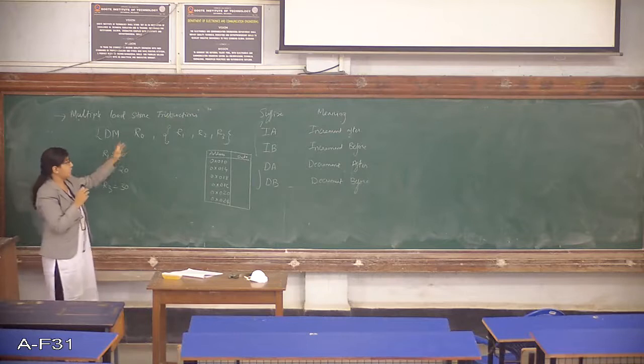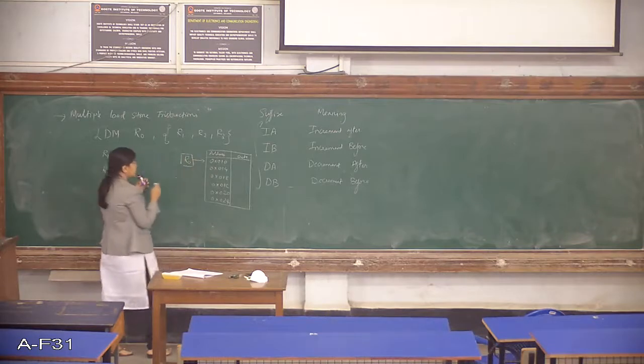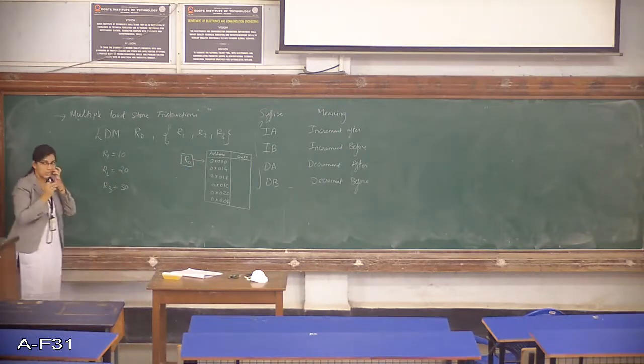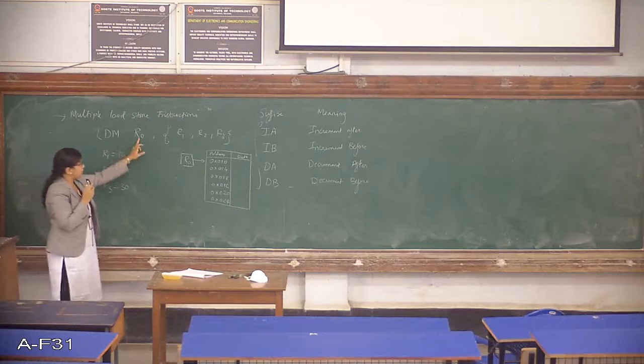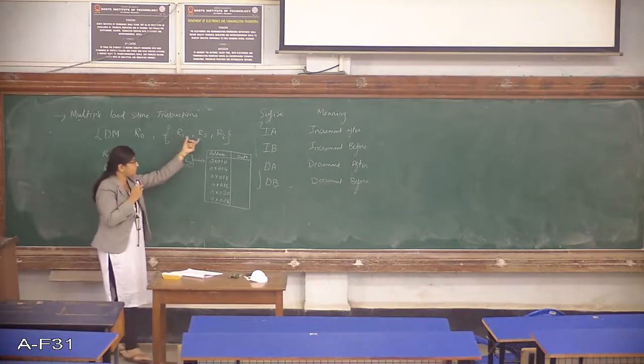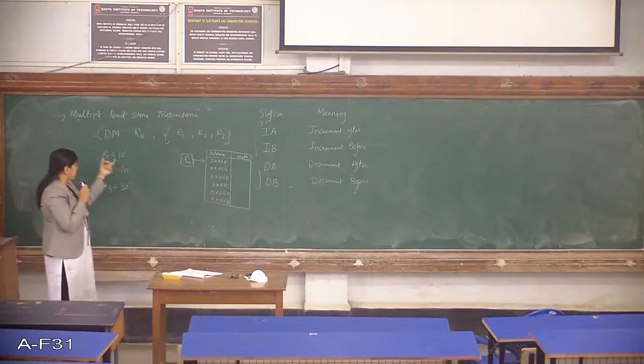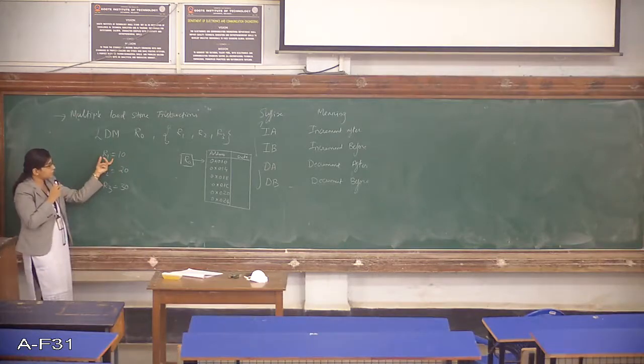In case R0 is pointing to the first memory address, which is 0x010, one by one the values from these registers have to be stored in this memory address. The first data we have is R1, which is 10.